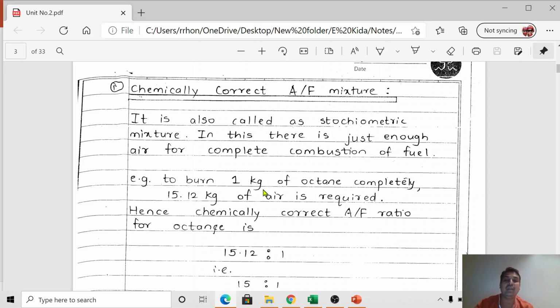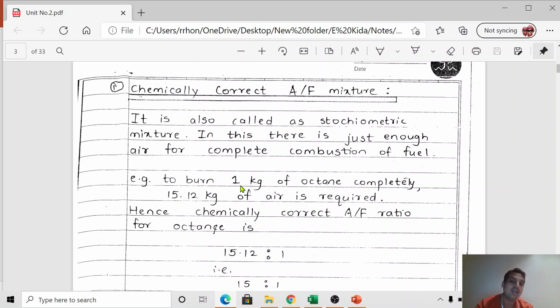In this case, if you want to burn 1 kg of octane completely, it requires 15.12 kg of air. Similarly, if you take the example of coal, to burn 1 kg of coal you require 15.12 kg of atmospheric air.